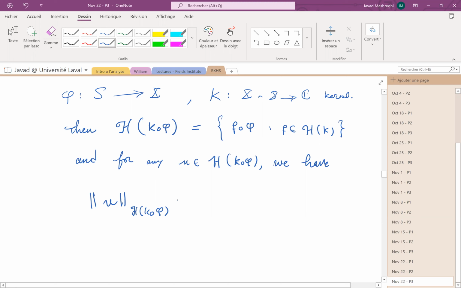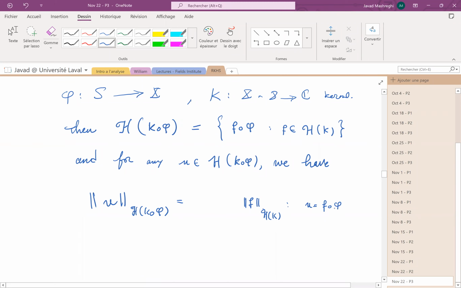Well, it is natural to say that U is of the form F composed with phi. Phi doesn't do that much, so it has to be practically the norm of F in H of K. Almost true. Here I add U is equal to F composed with phi.